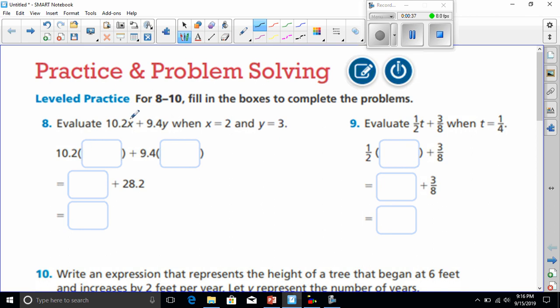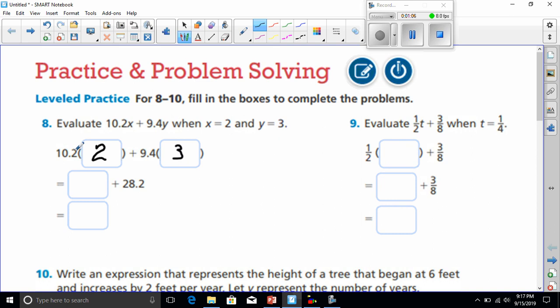So over here, where it has 10.2 times x, and it wants us to tell us what is in this bubble, well, x is 2, so we would write the number 2 there. Next, we see that 9.4 is multiplied to y, and y is 3, so over here in this bubble, we would put 3.